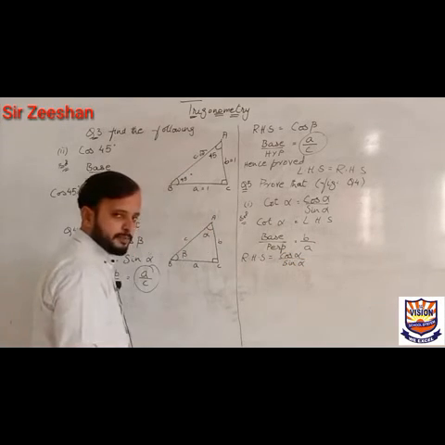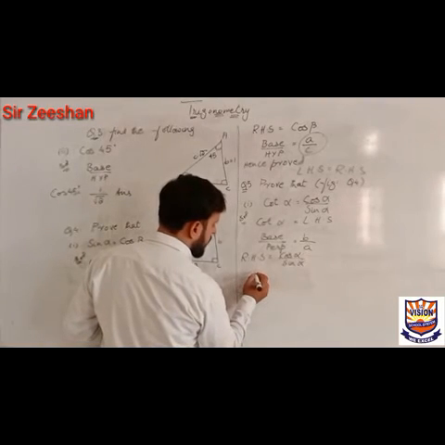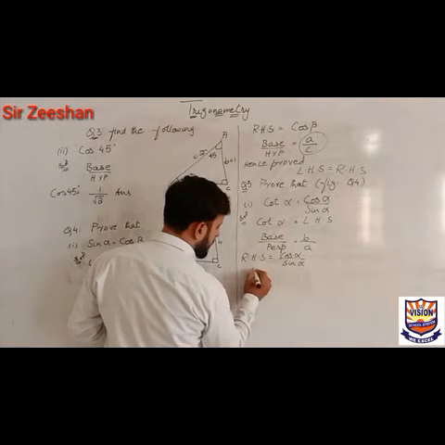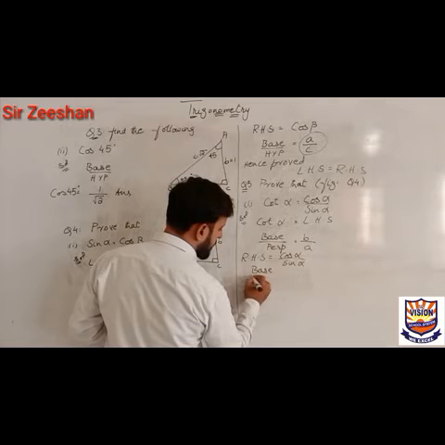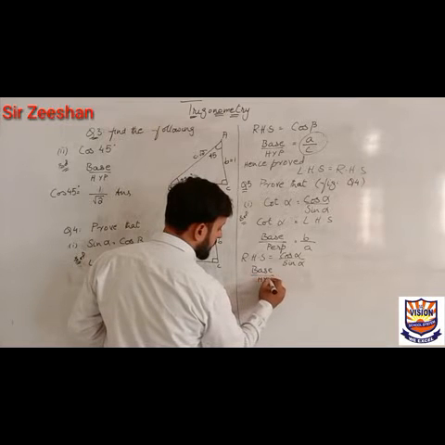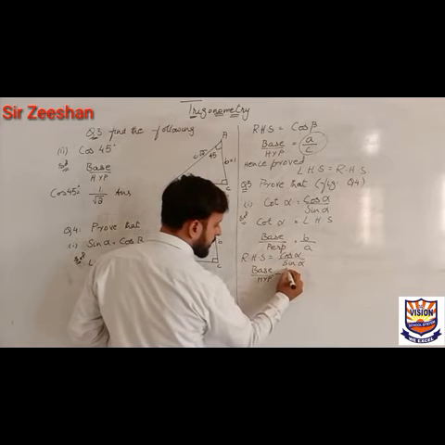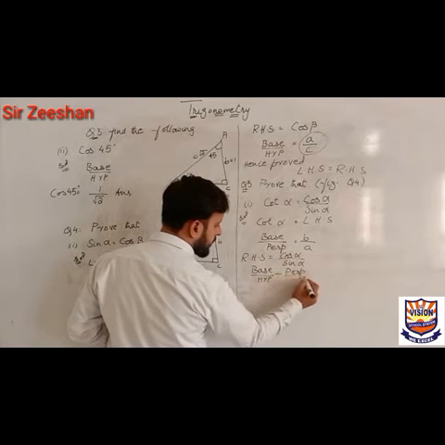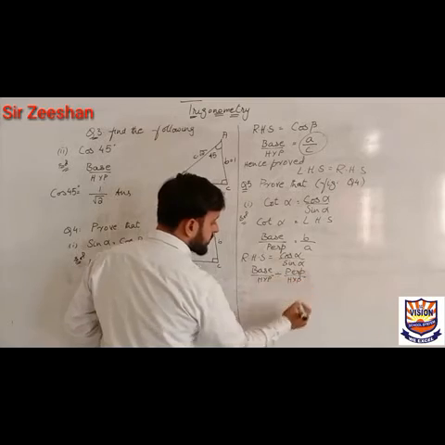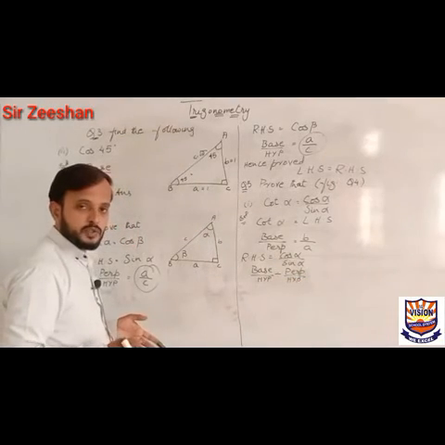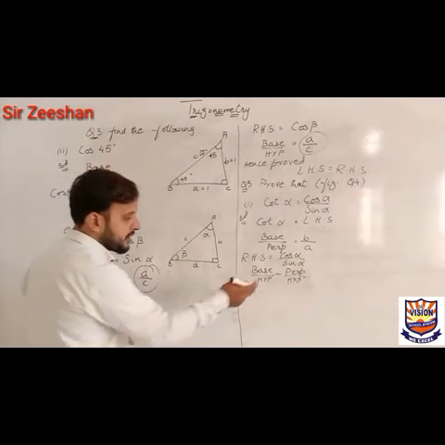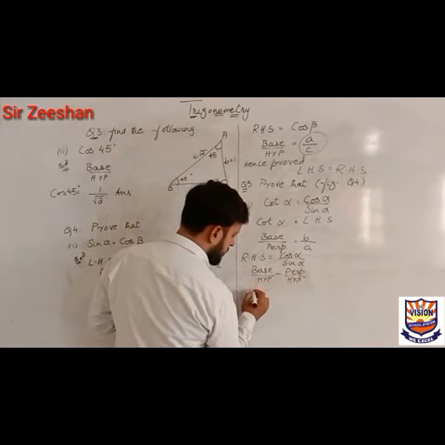If I make it simple and write cos as base upon hypotenuse, divided by sine, that is perpendicular upon hypotenuse. And whenever there is a division sign between two fractions, to change it to multiply, we invert the position of the second value.